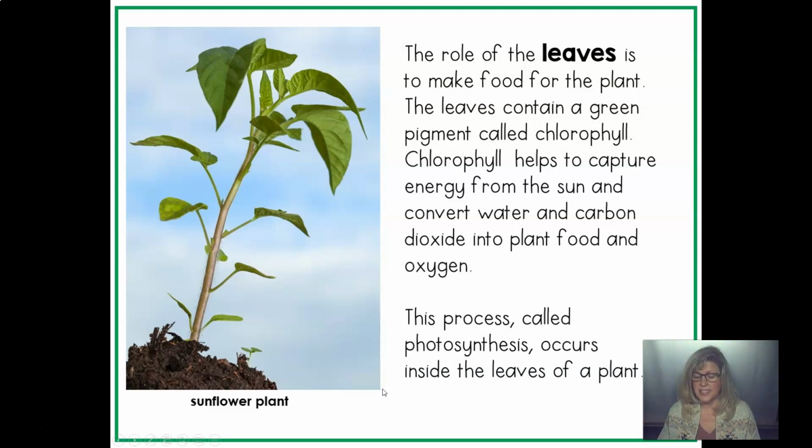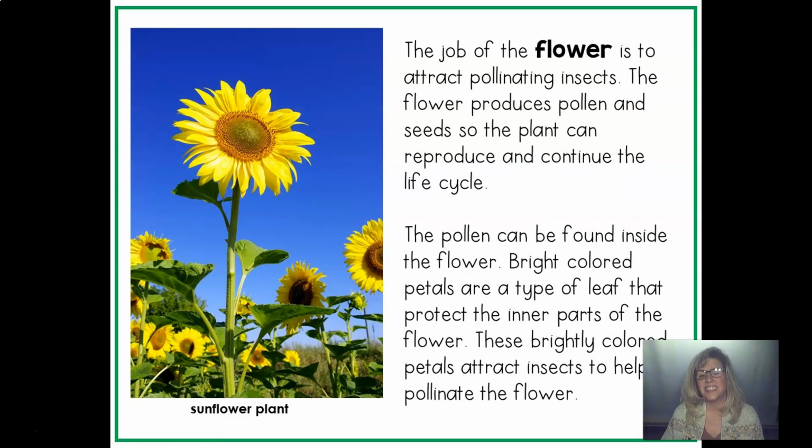This process, called photosynthesis, occurs inside the leaves of a plant. And there is the Greek root photo, which many believe means picture, but actually not. The root photo means light.